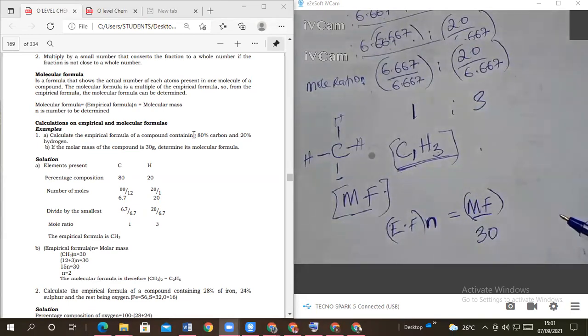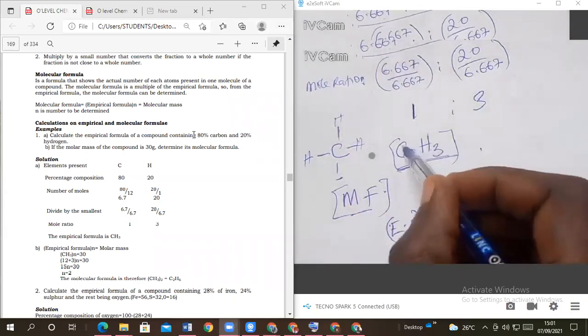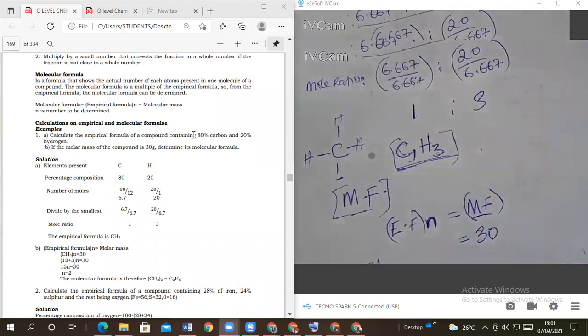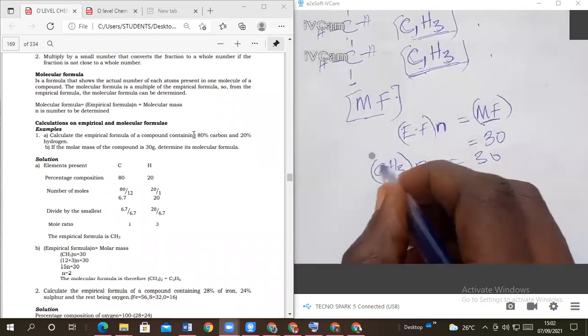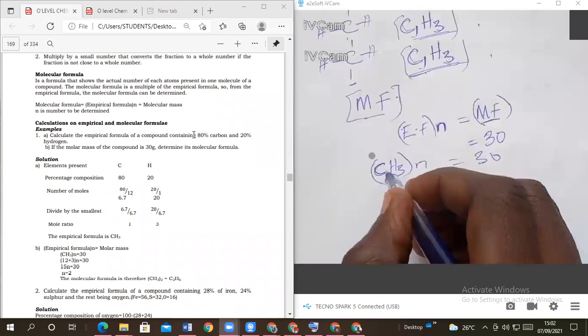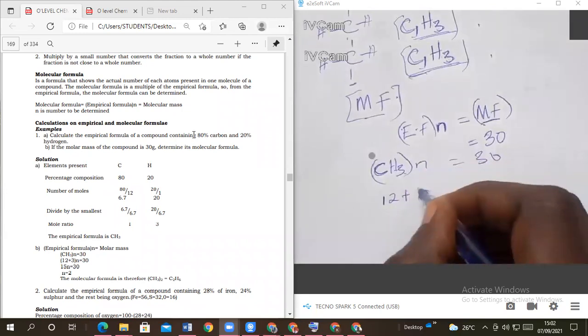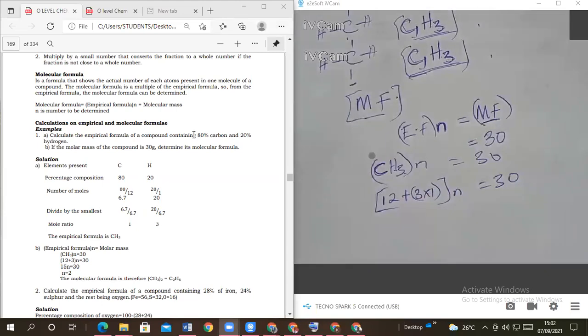Yes. So from this empirical formula, you can also calculate the molecular mass of this substance. It's going to be CH3 times N, which is equal to 30. Here, C is 12 plus hydrogen, which is 3 times 1, into N is equal to 30.